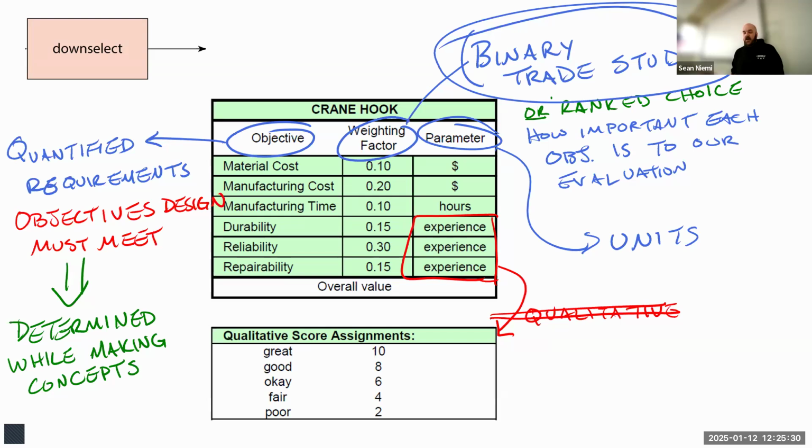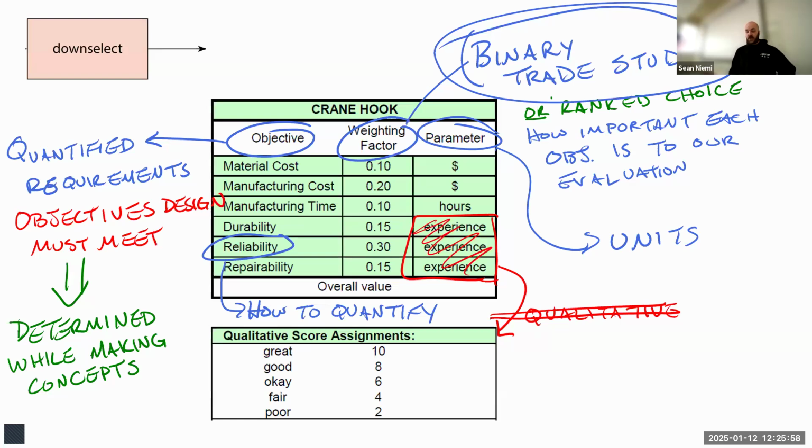So we're going to be avoiding experience-based evaluations at all points. If we want to have something like reliability, for instance, as an objective, we need to ask ourselves how to quantify it. How can we quantify reliability if that is an objective that we are going to feed forward into our design?